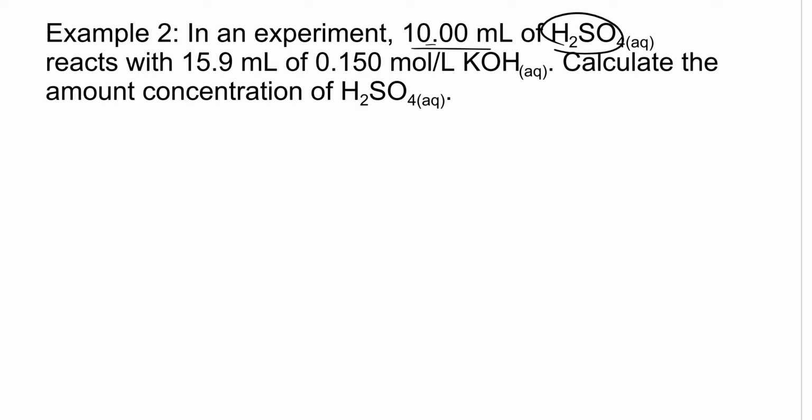First step is we have to make a chemical reaction. We're going to take our H2SO4 aqueous, and we're going to react it with potassium hydroxide aqueous. The K and the H's are going to swap.